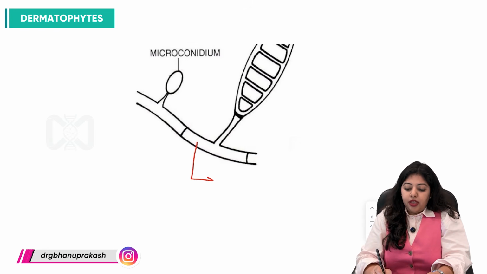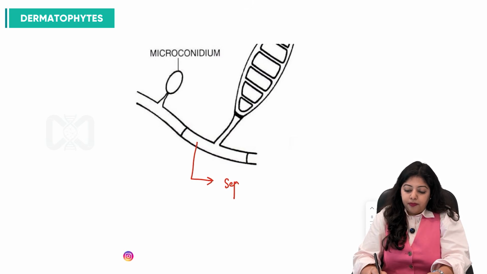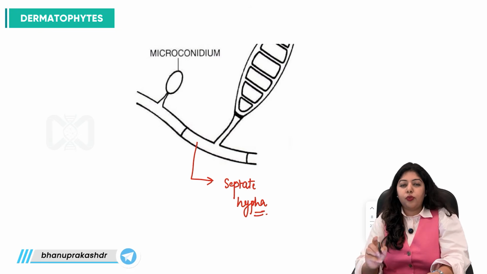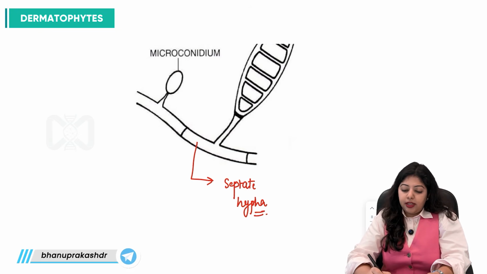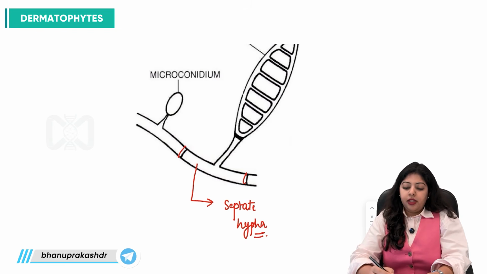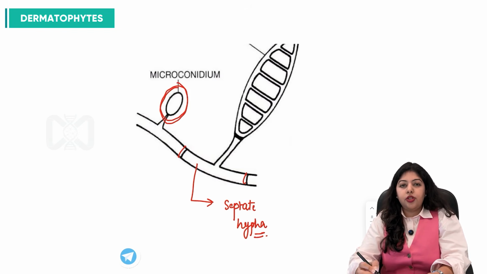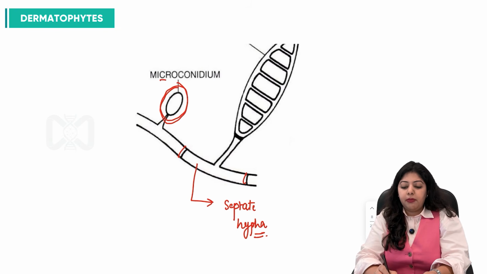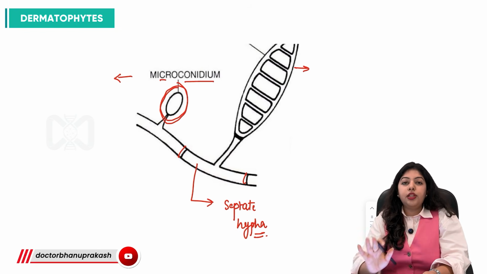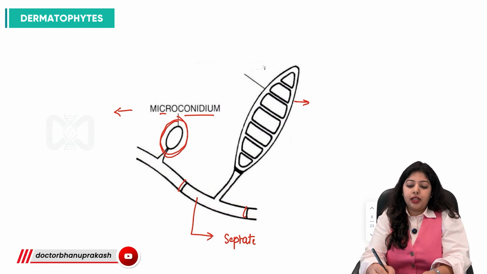So can you appreciate this septate hypha? This is one hypha, right? So there is septation present. So the smaller spherical structure which is derived from the hyphae itself, it is the microconidium. So micro and macroconidia, you must remember, these are asexual spores.